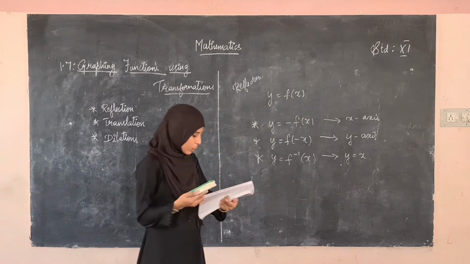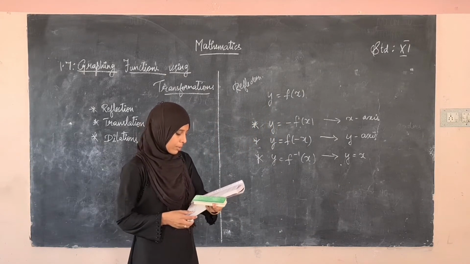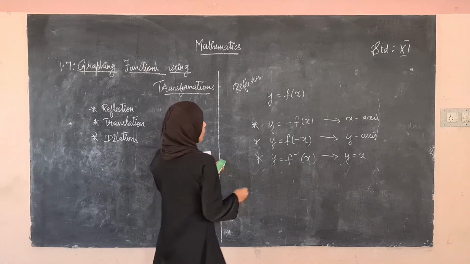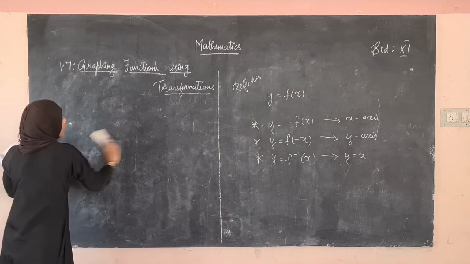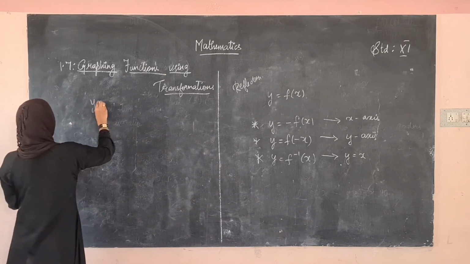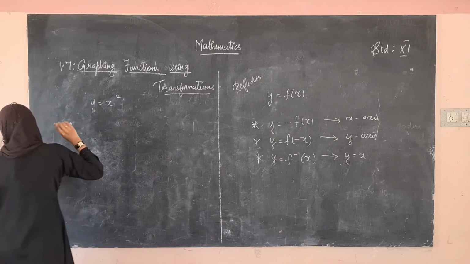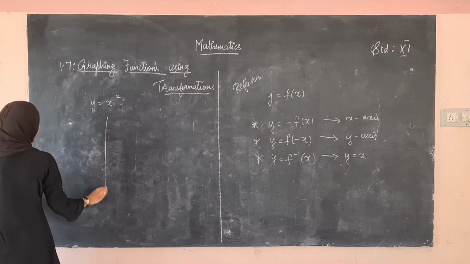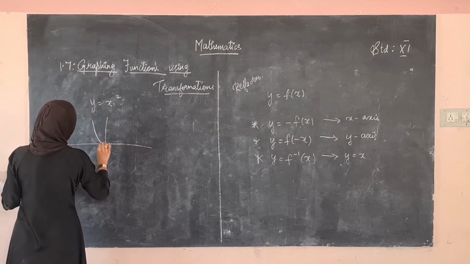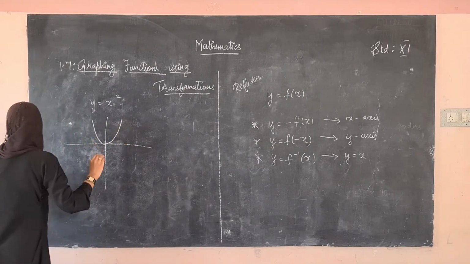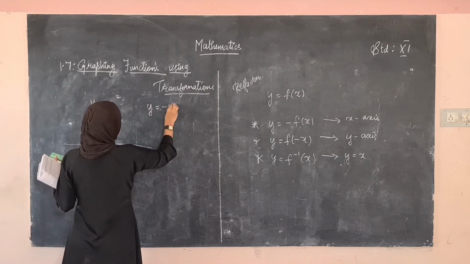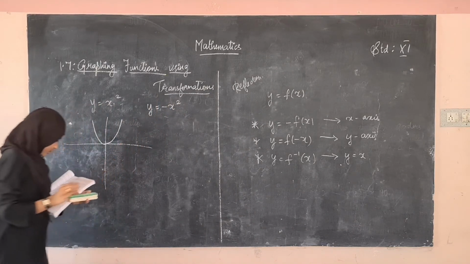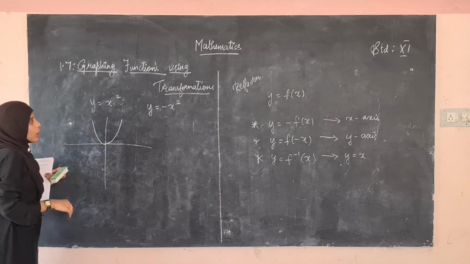See here, in your book they have given illustration 1.5. Consider a function y is equal to x square. The graph is drawn like this. And another function, transformed to minus x square. See here, what is this?